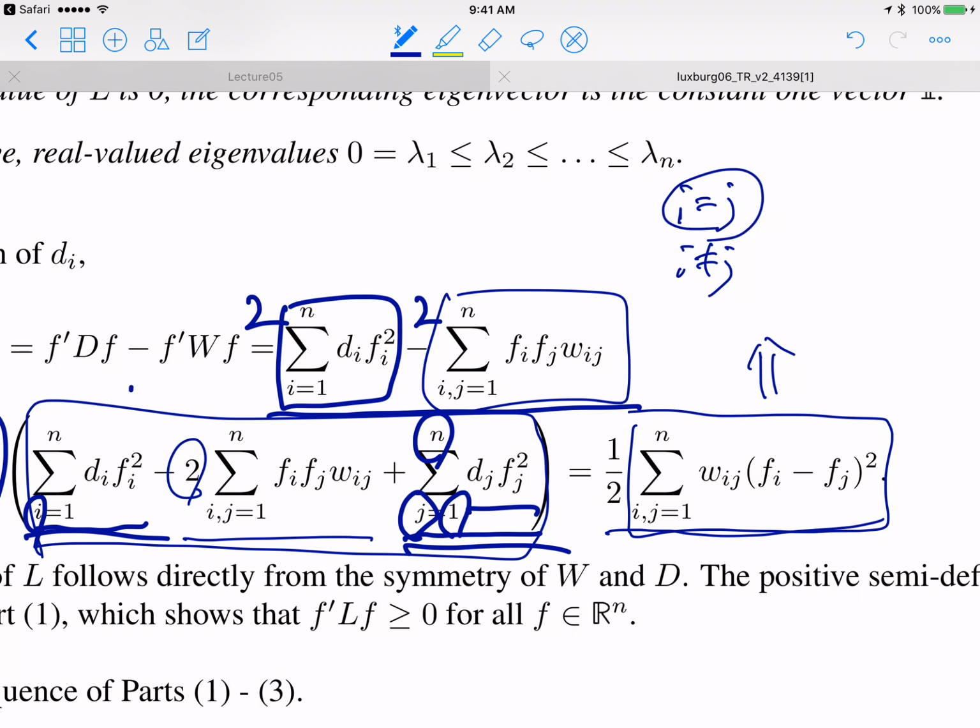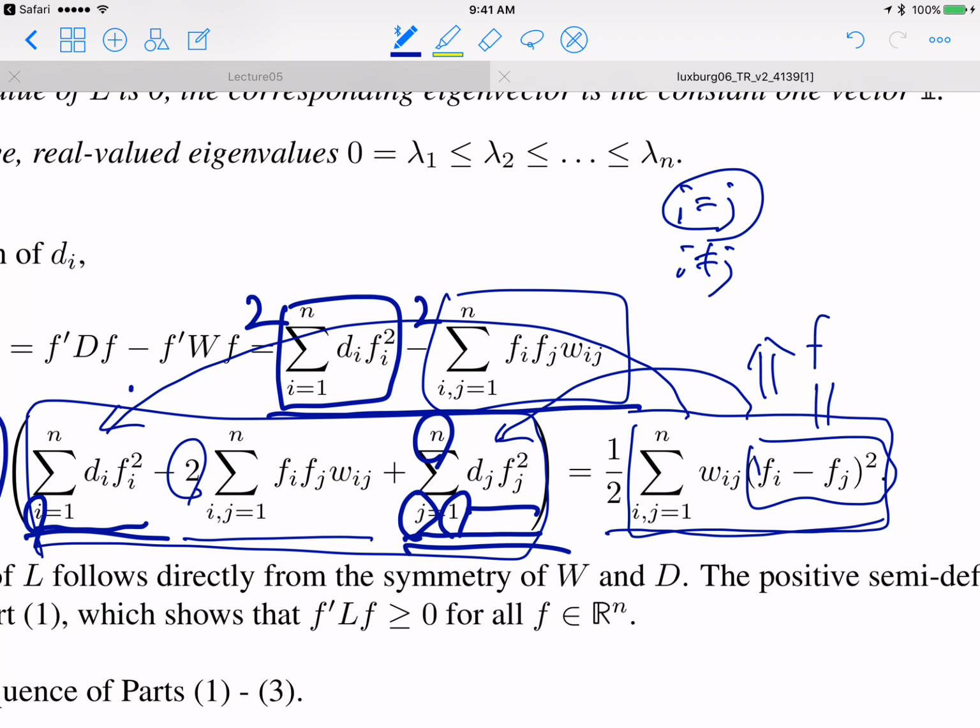When i equals j, it is represented as this, because this guy is fi squared minus 2 fi fj plus fj squared, right? And then this times wij.